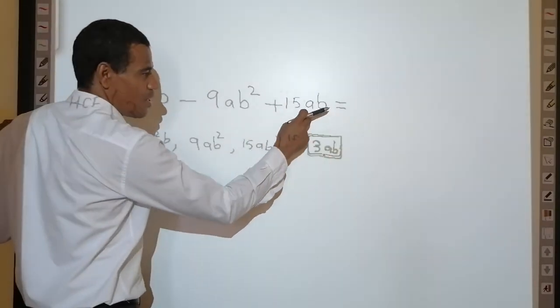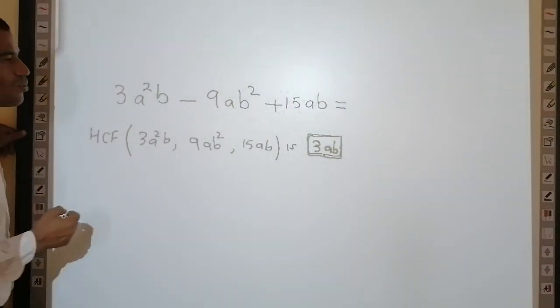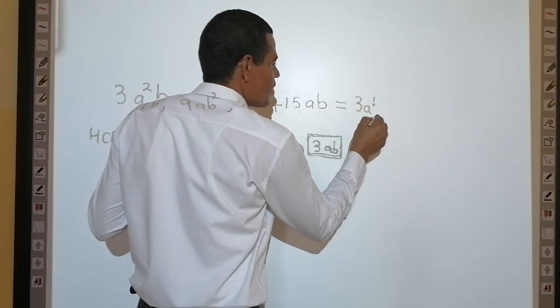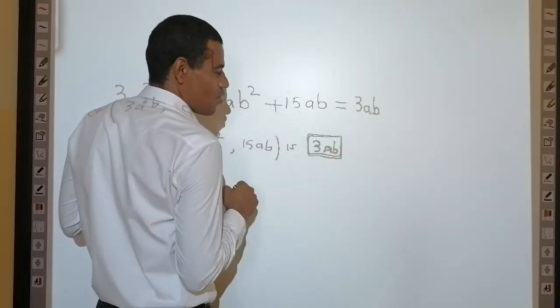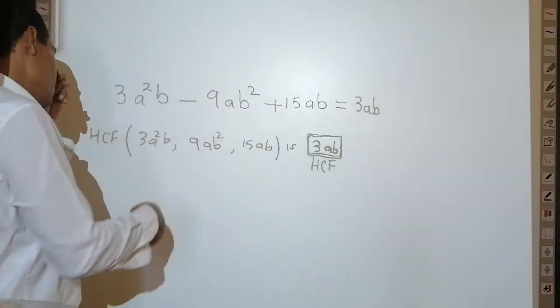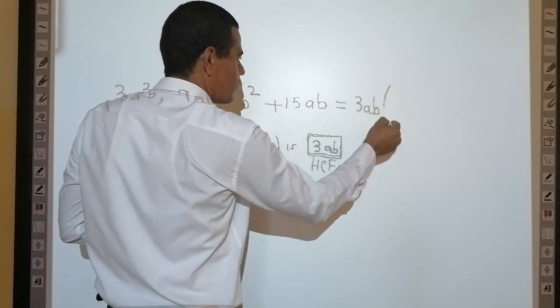Then when you divide 15ab by this one, you get the third remainder. I will write here 3ab. 3ab is the highest common factor of all the terms. Okay? I will write it.